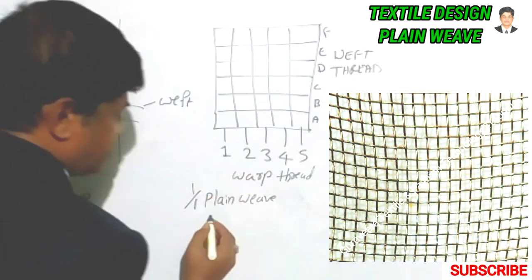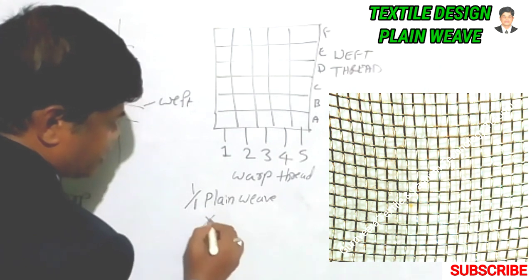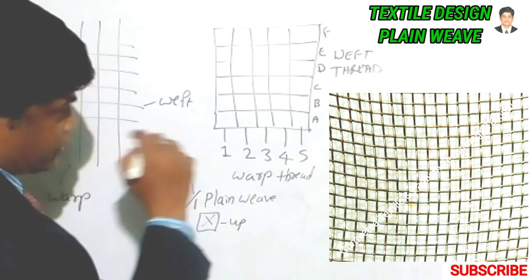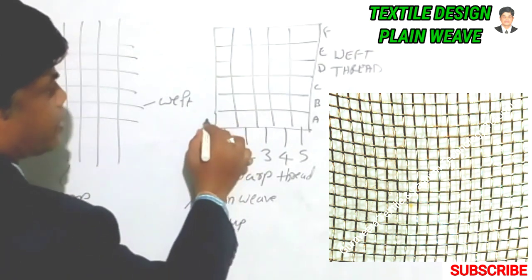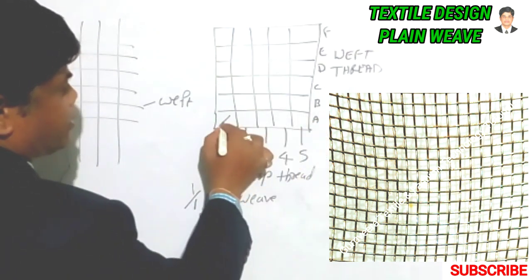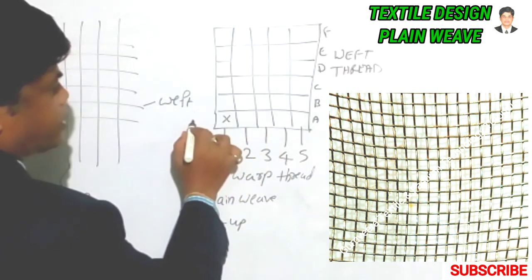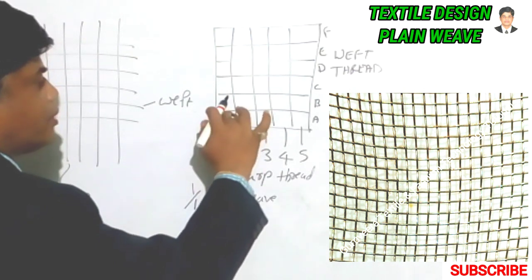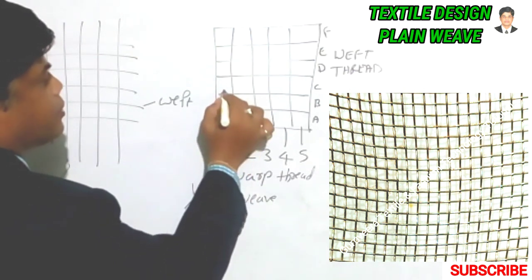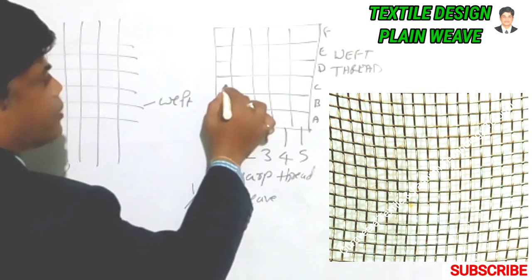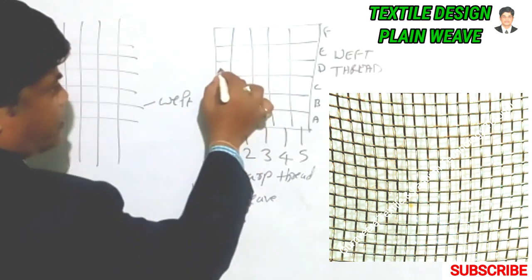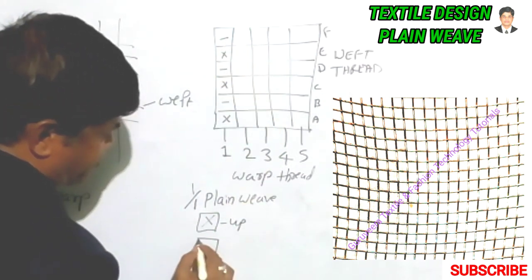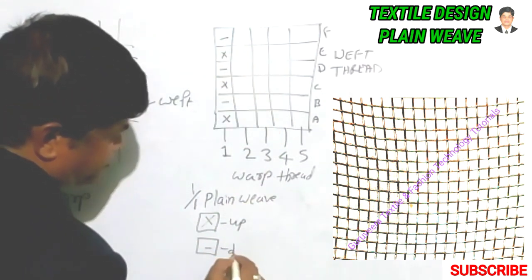See, I am making this mark to indicate up. This is the warp thread and this is the weft thread. The warp thread is going up and going down: here going down, here going up, going down, going up, going down. Here I am marking a down.